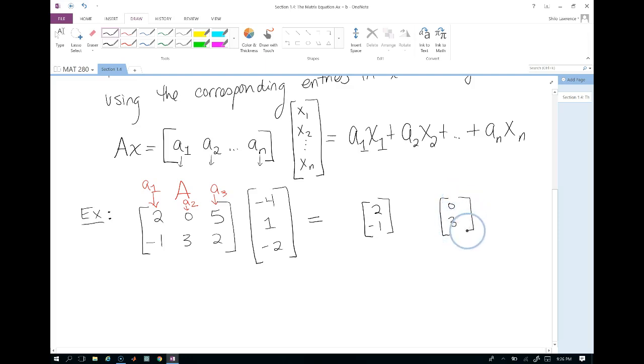We're kind of just going backwards from what we saw in section 1.3. Each of these columns goes with its corresponding weight from the vector that comes after. And since 1 doesn't have any sign, that's automatically a plus. And then the last entry goes with the last column, and that's a minus 2.